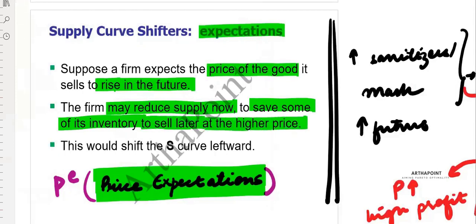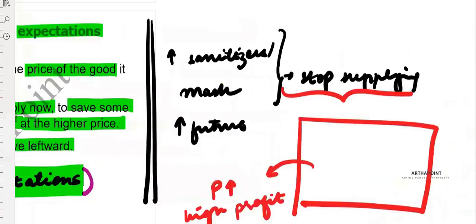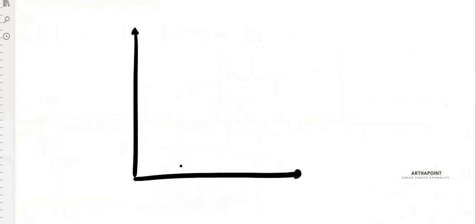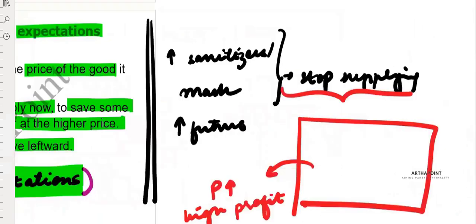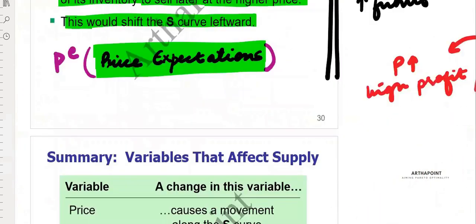This means your supply will decrease today. So what is going to happen to your supply curve in that case? Your supply curve will shift backwards. Why? Because you don't want to supply today. You want to wait for the future when you can make more profit.